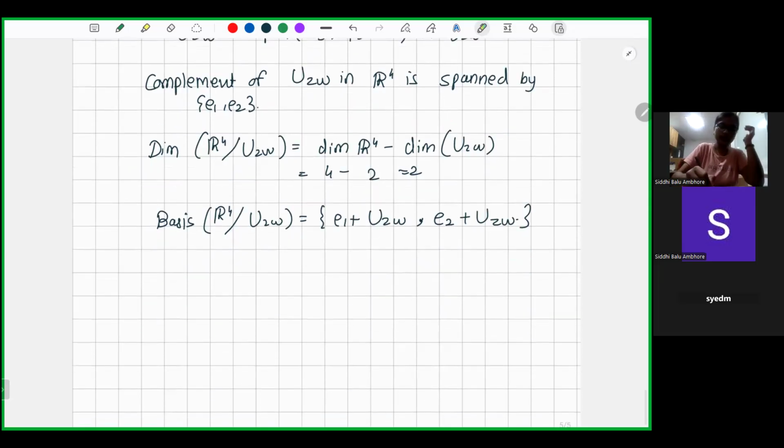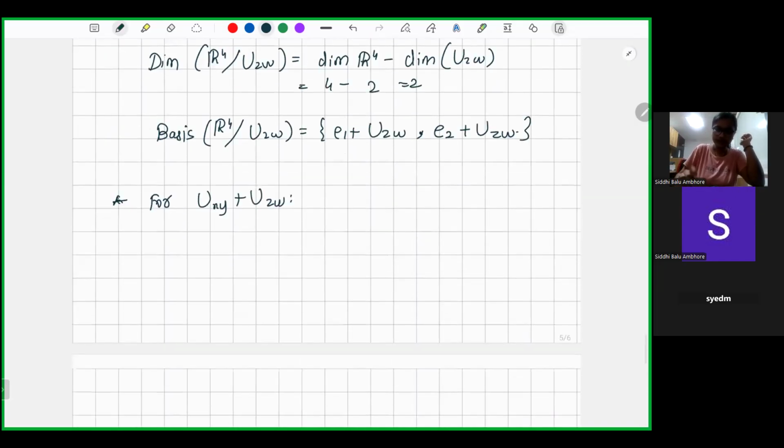And similarly, we can further, for the addition of these two spaces, R4, now we have to do this for UXY plus UZW.